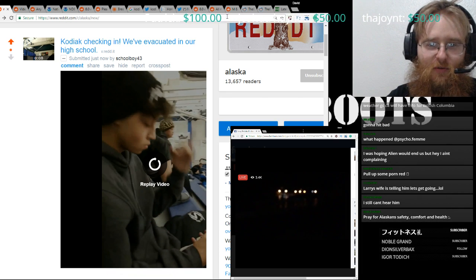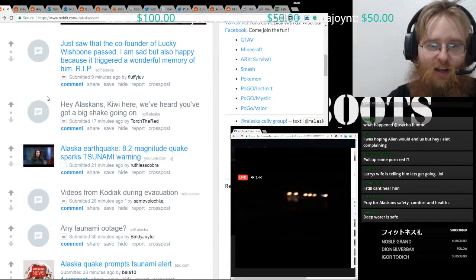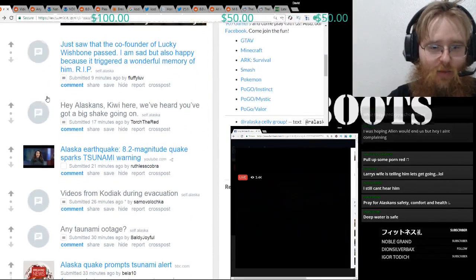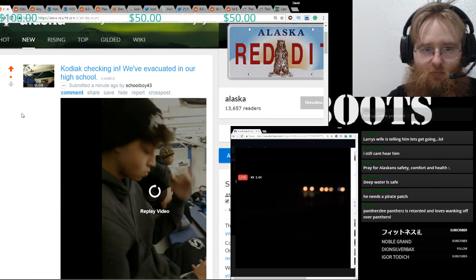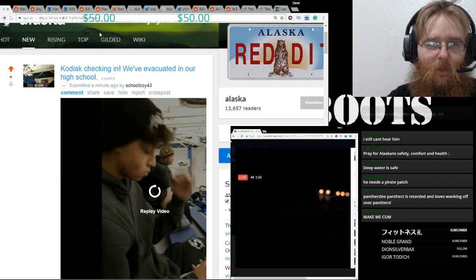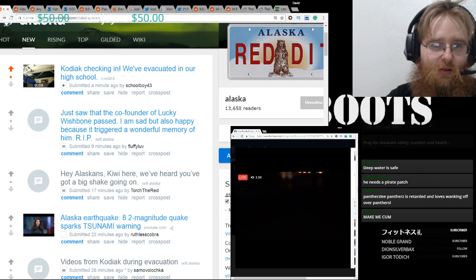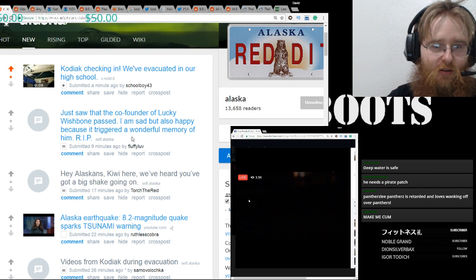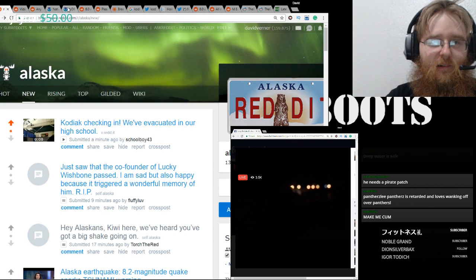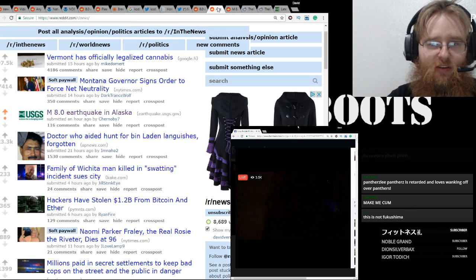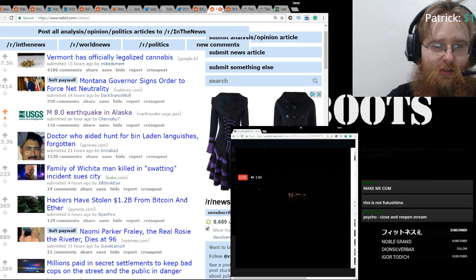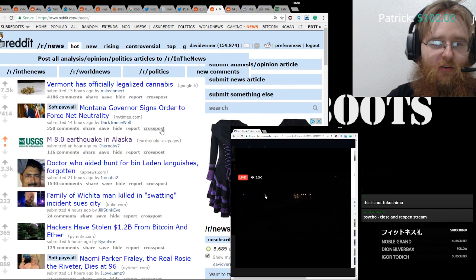Pray for Alaskans. Well, hopefully it's just a discomfort. There's not going to be any damage, or minor damage if there is any damage at best. Let's see here. But there's tons of aftershocks in that area. Let's see here.